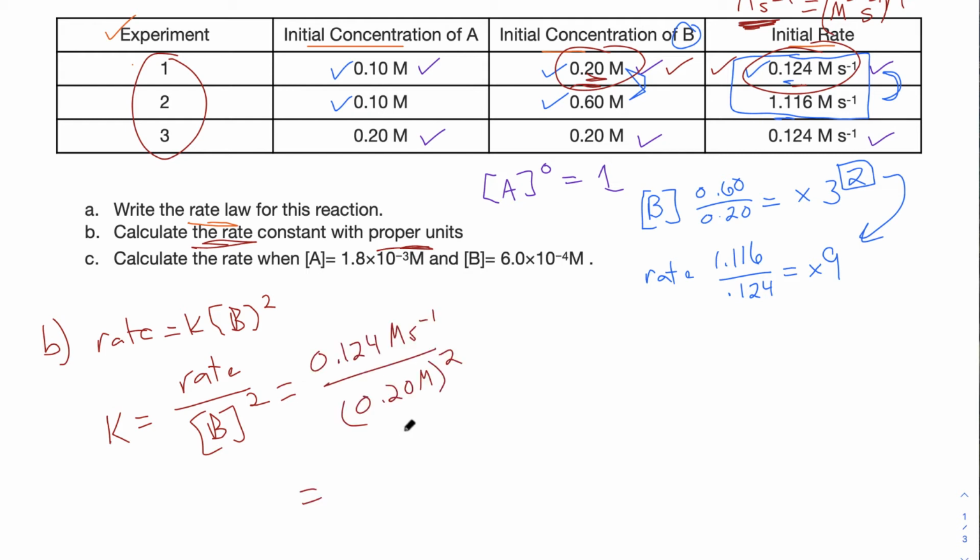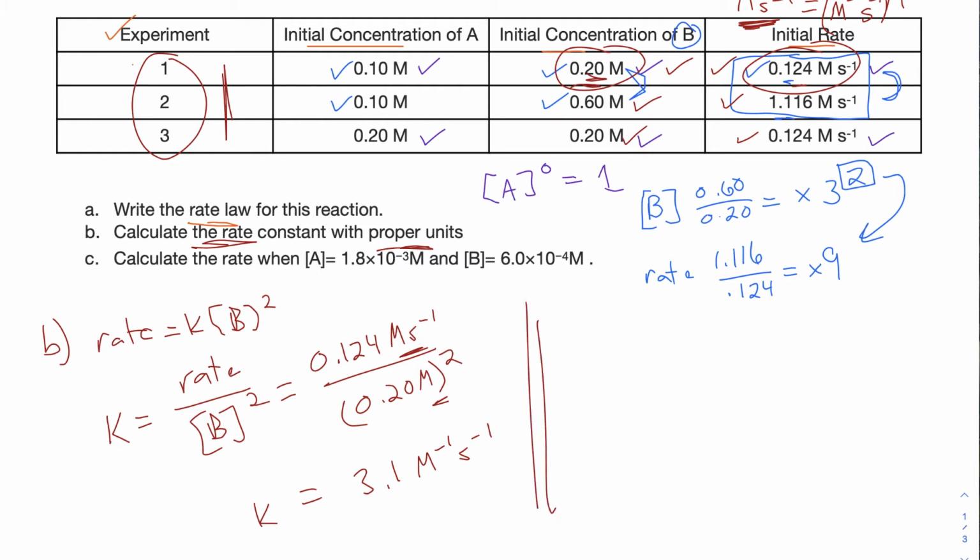If I evaluate that, I see it is 3.1. If I look at all the units here, it comes in with what I said a minute ago: per molarity per second. So now I have a value for K. The 3.1 could be 3.0 or 3.2; if you carried out more digits, maybe that's where you'd see the variation. But that value would be the same no matter which set of data you used here.